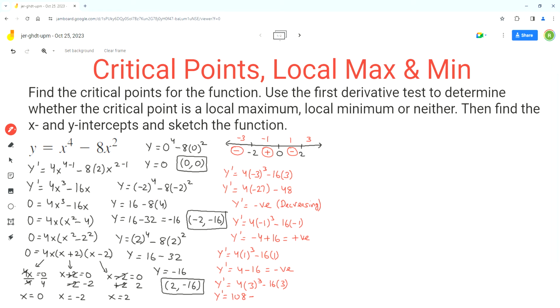So in this case we'll get a positive result. So that means the function is increasing to the right side of 2.